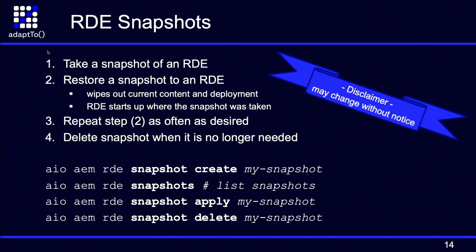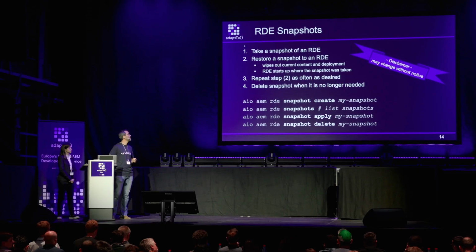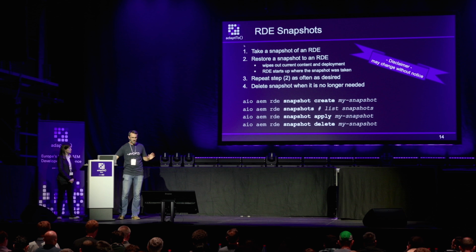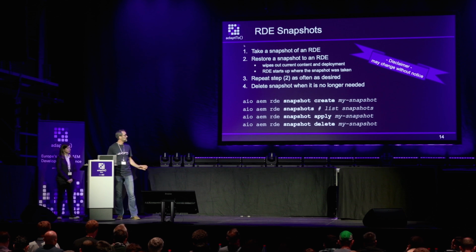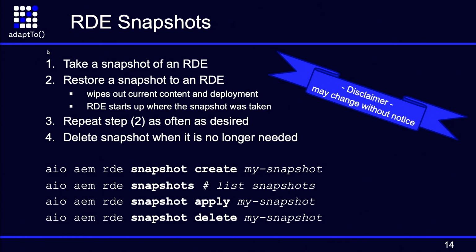And of course, we encourage you to delete old snapshots that you no longer need. We think the AIO CLI commands will look like the ones on the bottom, but as the disclaimer says, details of this may still change.